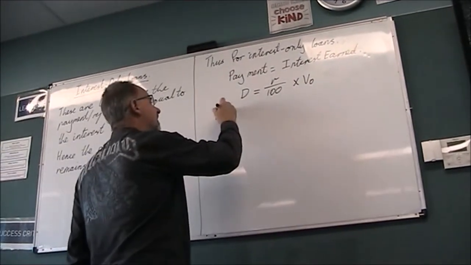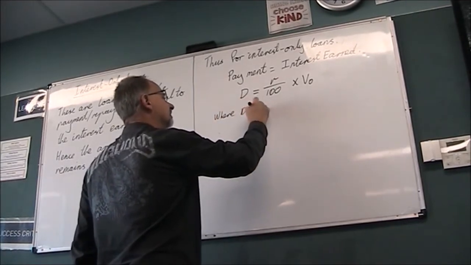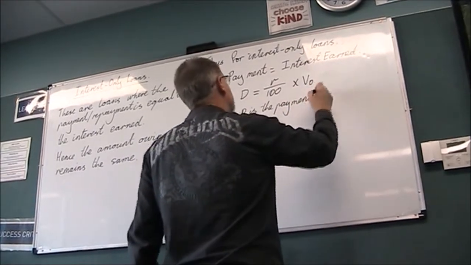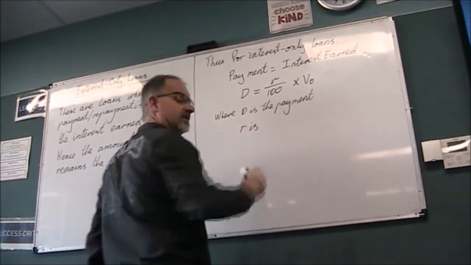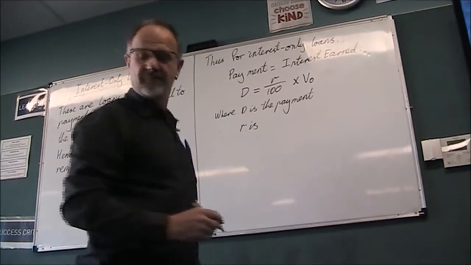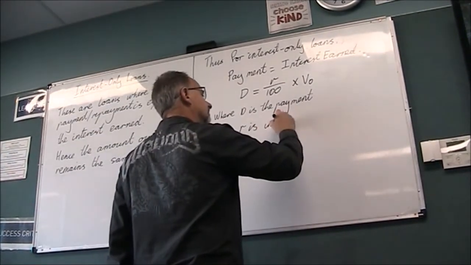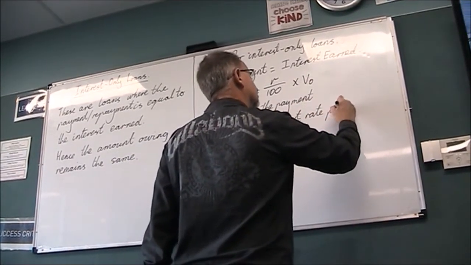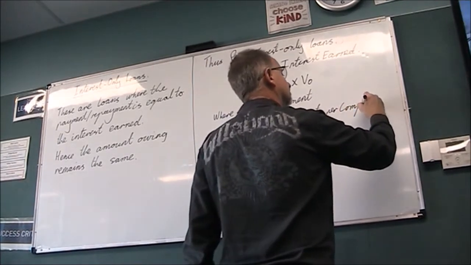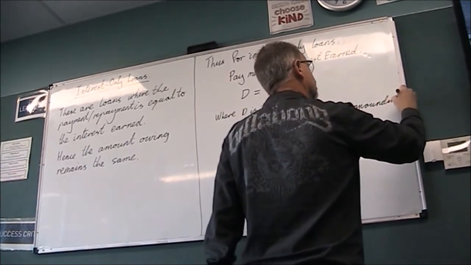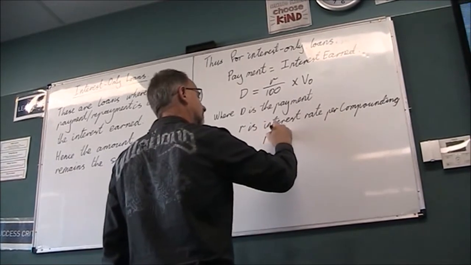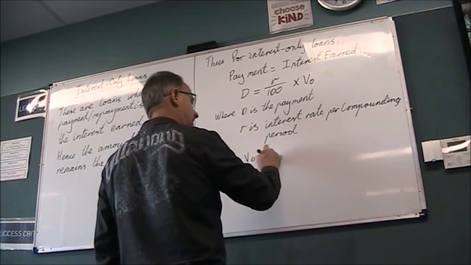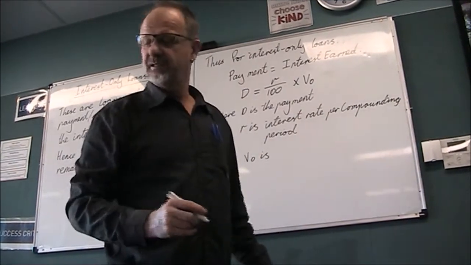So D is our payment, R is the interest rate per compounding period, and V naught is our principal, how much we borrowed in the first place.